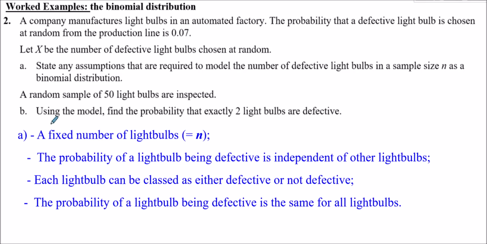So part B, using the model, find the probability that exactly 2 light bulbs are defective. So first of all, let's just write down what it is. This is binomial. Okay, we're talking about 50 light bulbs here, so our n is 50. The probability of a light bulb being defective is 0.07.